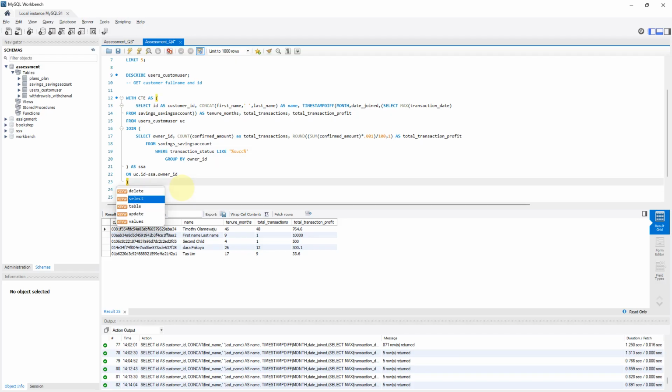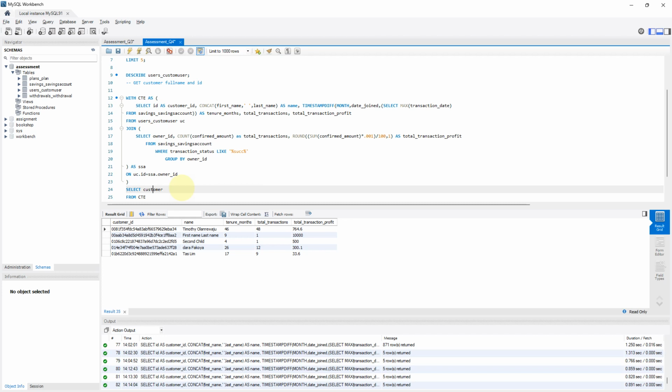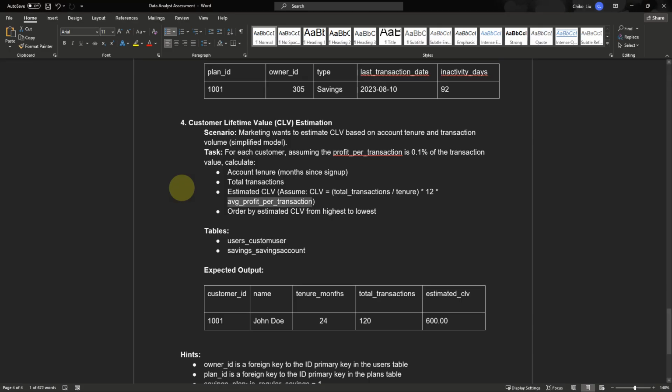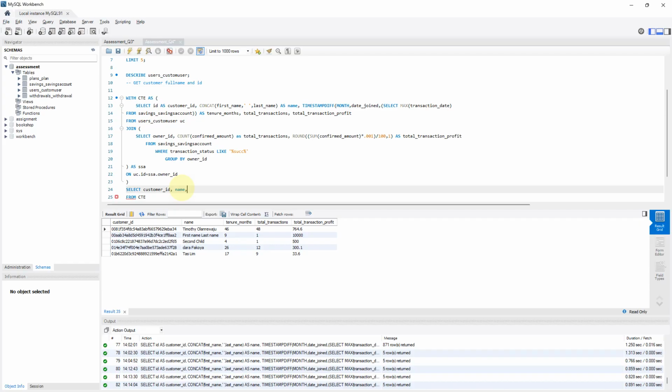So it's going to be customer ID. What else do we want? We want the name. So just say name. We want our tenure months. So we have tenure months.